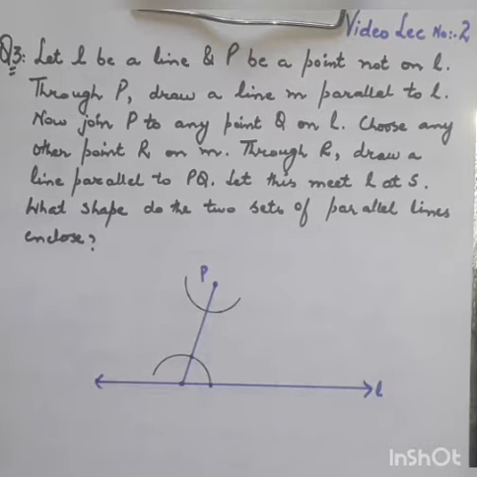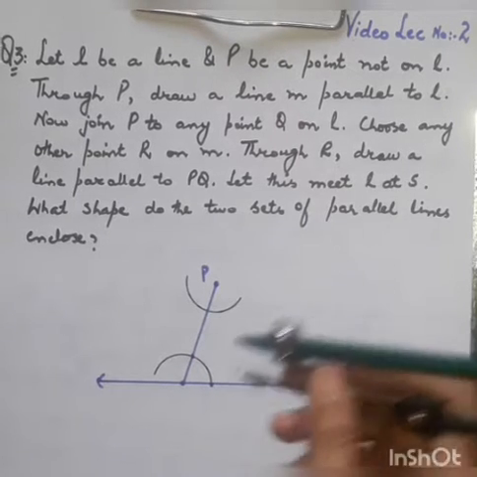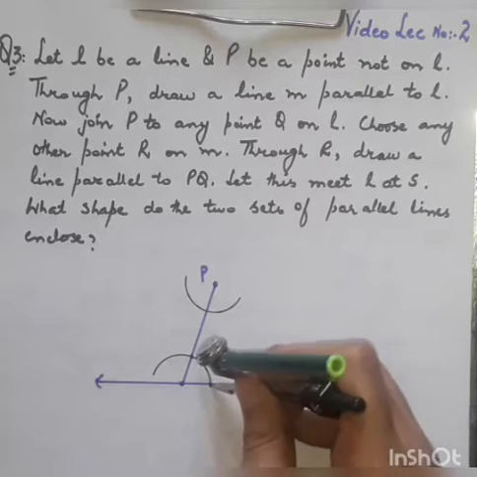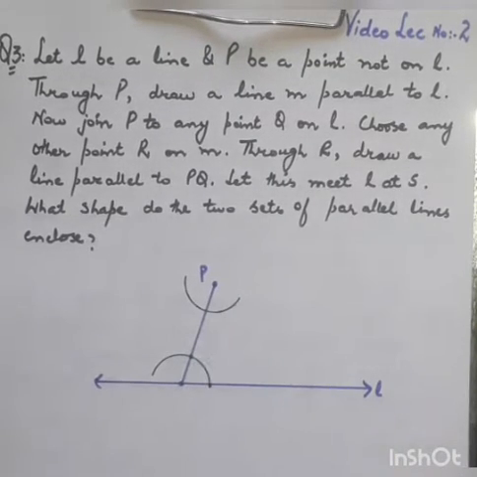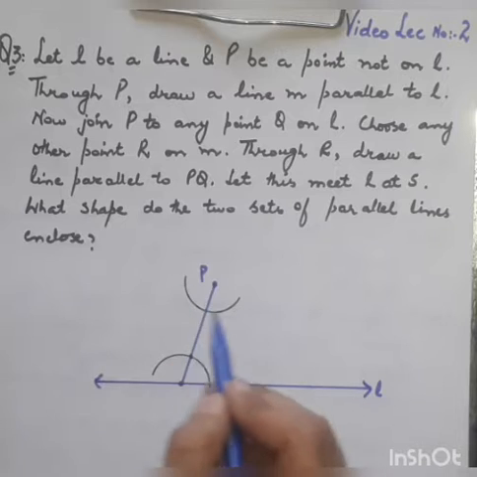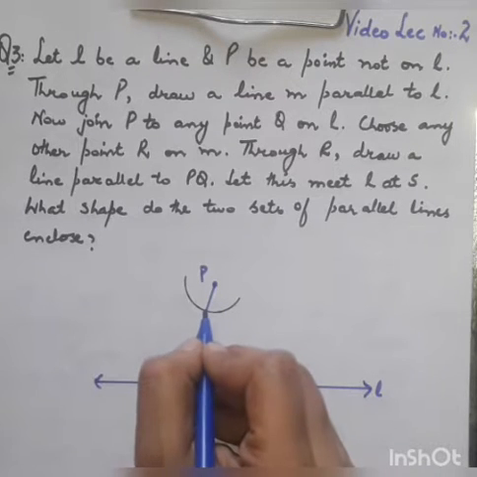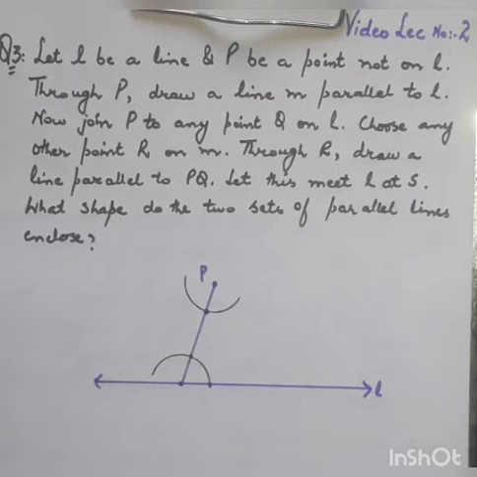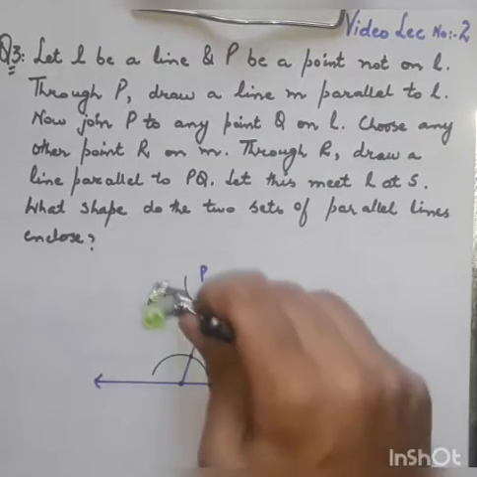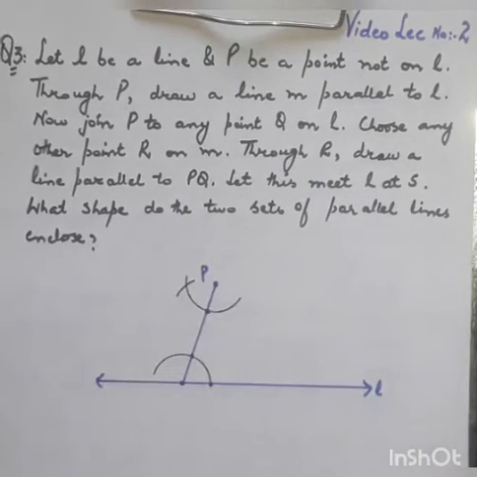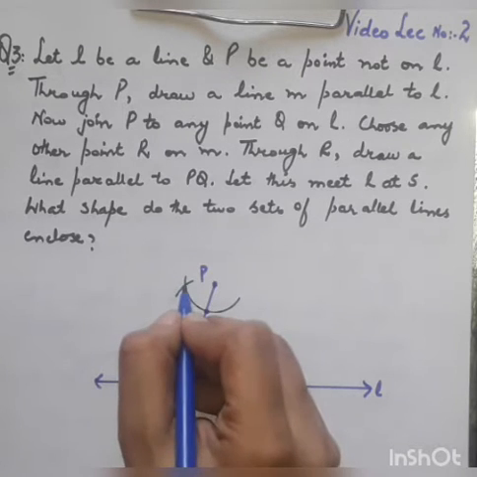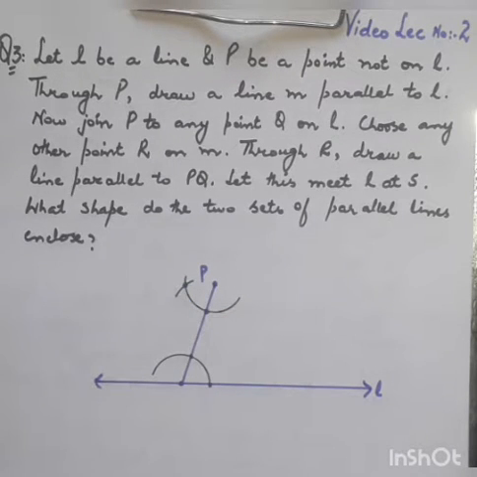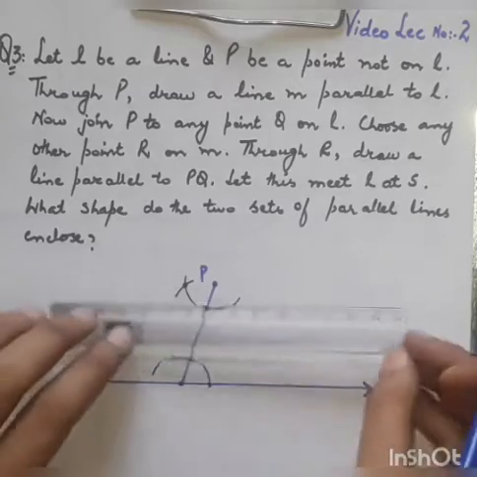So, I'll adjust the opening of this compass up to its distance. Clear? Now, with this point, this arc is intersecting this line at this point here. Now, with this as center, I'll draw another arc. We're actually drawing alternate interior angles. So, this is the point here. Now, I'll join this point to point P.